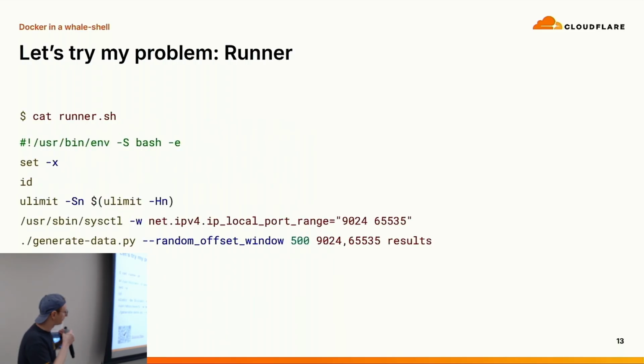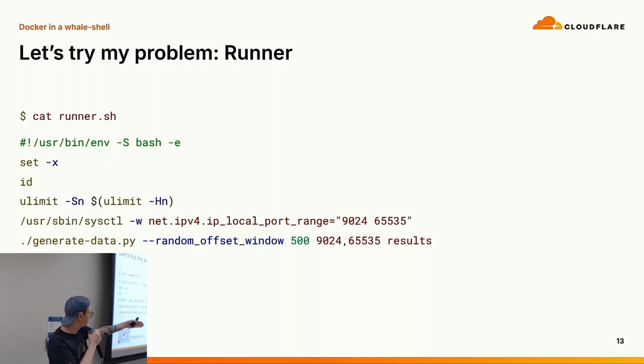So let's apply this even further. This is my test script that I want to actually run. It's very basic. Basically what I'm doing, I said, okay, id means give me my current user that's executing. With ulimit, I'm setting the actual limits that this process is going to encounter. So I'm increasing the default small limit to the high limit, so that way I can basically blow up my machine essentially.